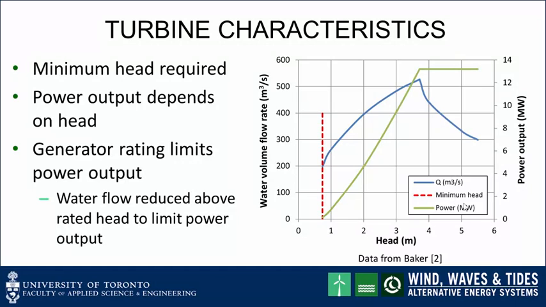And the other thing plotted here is the power output of the turbine generator set. So this green line shows the power output, the axis is here. Both of them are plotted as a function of the head, the pressure head available to drive the turbine.